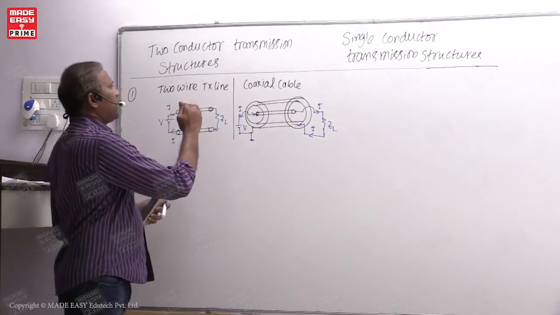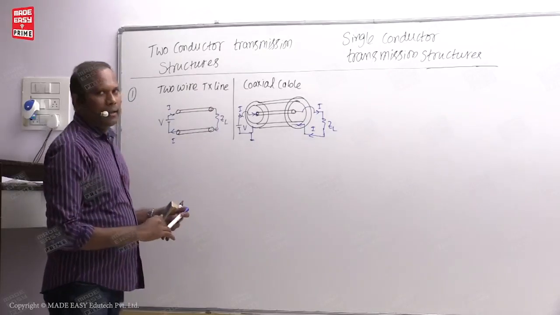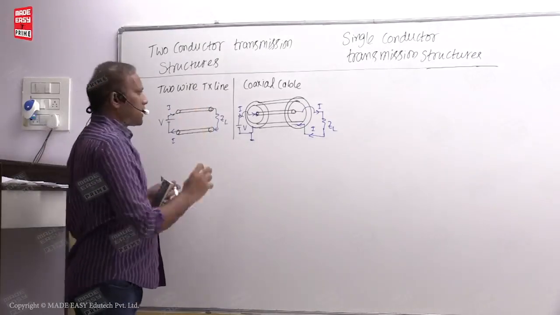So the 2-wire transmission line, coaxial cable, planar transmission line, these are all 2 conductor structures.